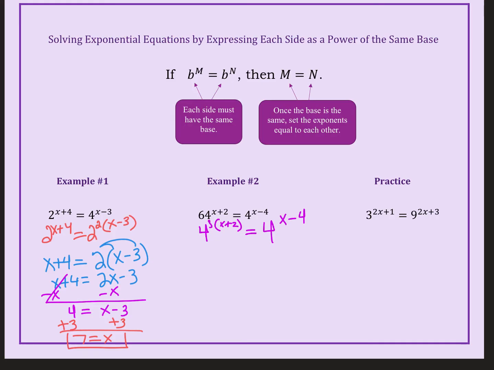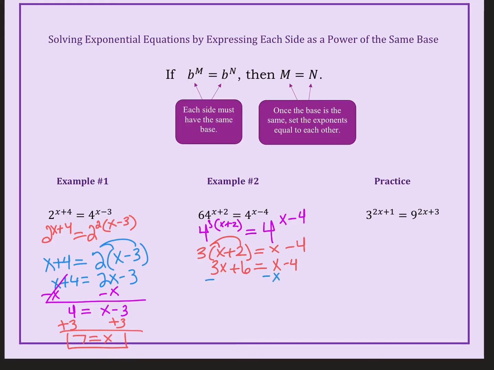Now remember, if the bases are the same, then the exponents are equal to each other. Okay. We're going to distribute. We're going to have 3x plus 6 equals x minus 4. Subtract x from both sides.